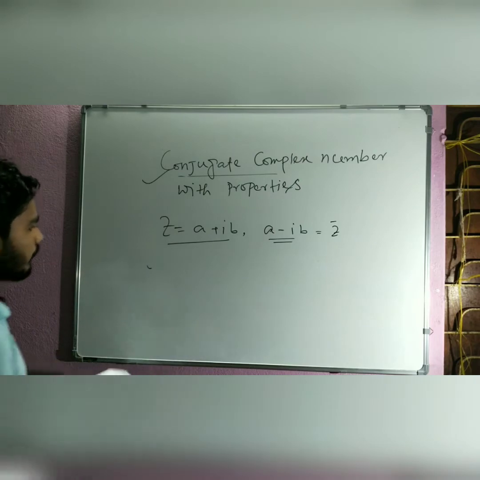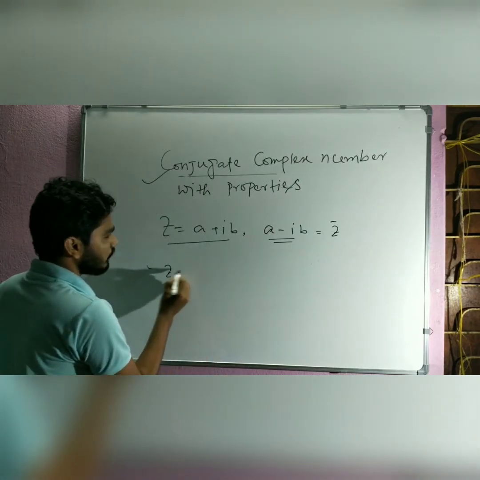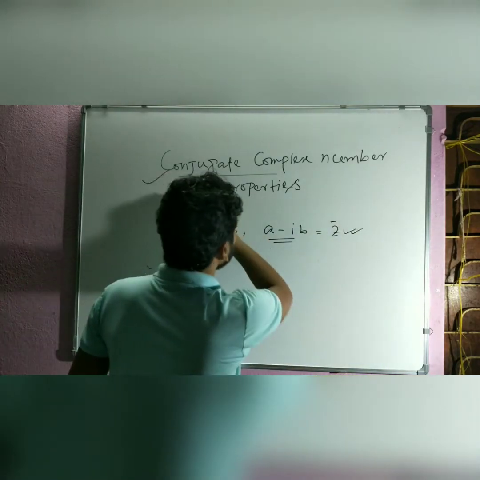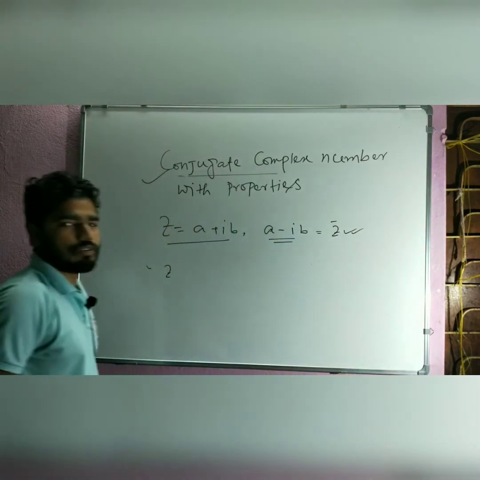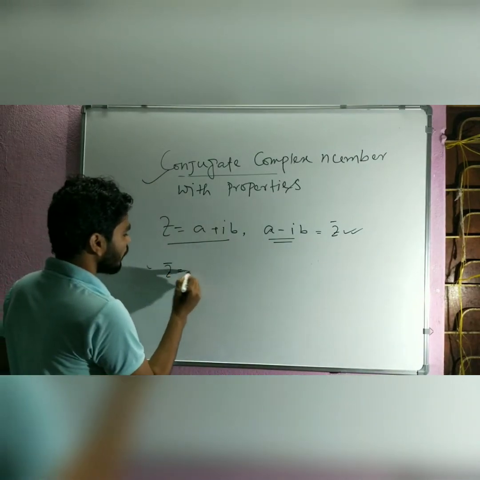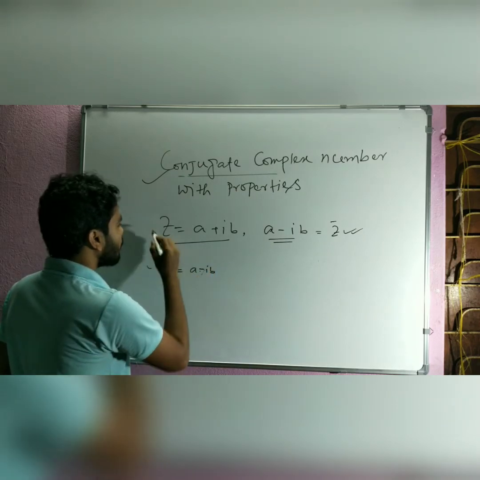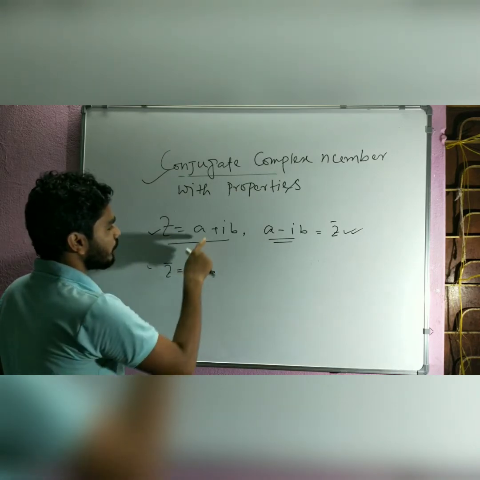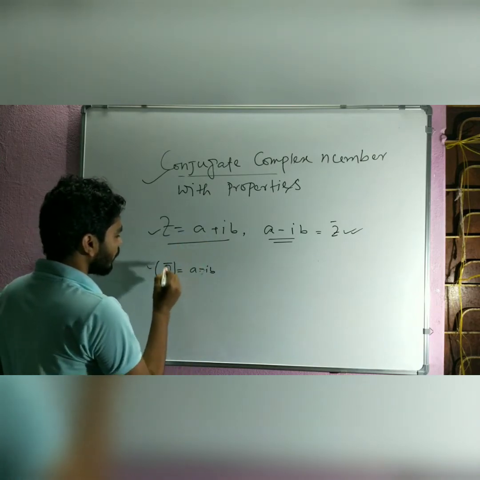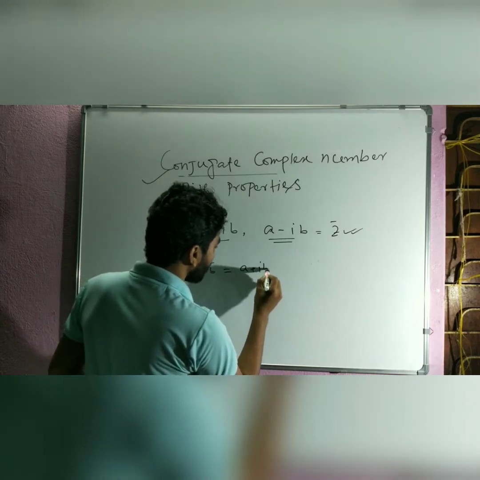First property. Here we discuss the conjugate complex number with its properties. If z bar equal to a minus ib is the conjugate of z, then the conjugate of z bar equal to a plus ib, which is z.